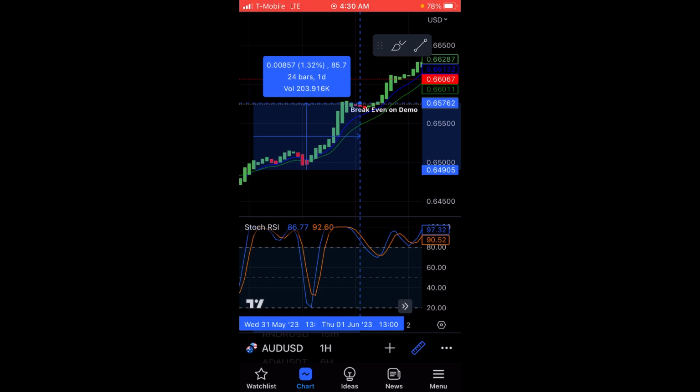This is an increase of 857 pips. Now, if you don't know anything about pips, I don't know for sure if this is 100% yet because I'll test it on Monday, but I think this is 857x on whatever your lot size is. So if you wager $1, you just made $857.